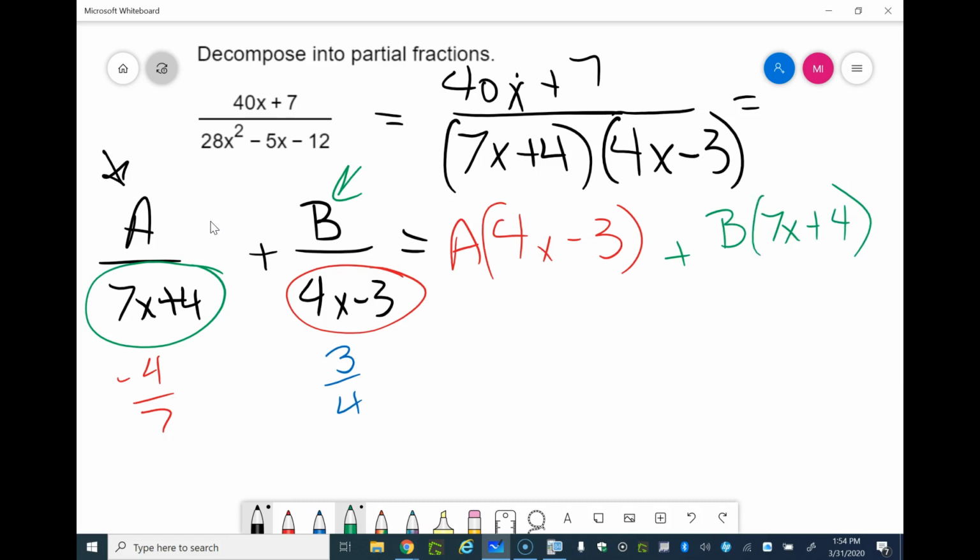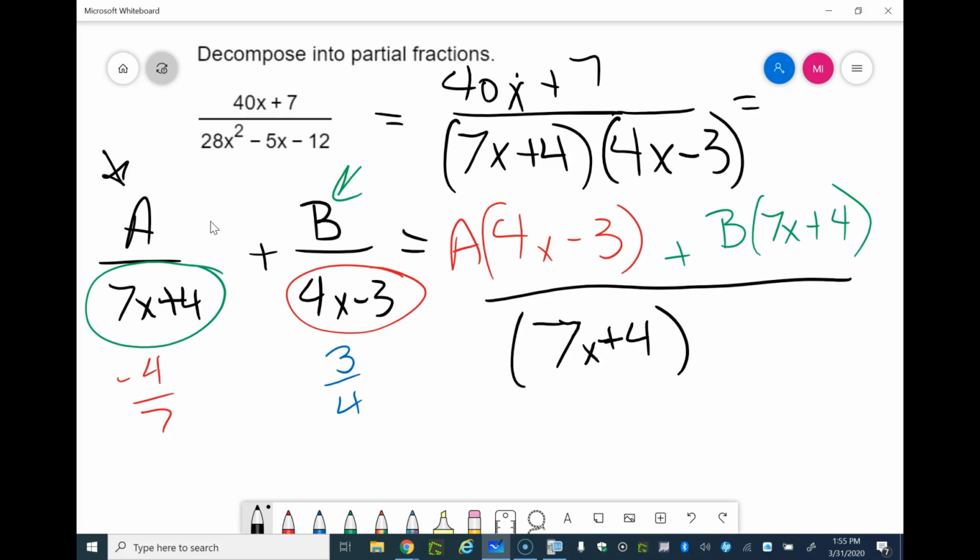Once I figure out what's missing, remember the bottom one stays exactly the same. And because this bottom here matches the bottom up top here, we can go ahead and eliminate both sides, and we just set the top and bottom numerators equal to each other.